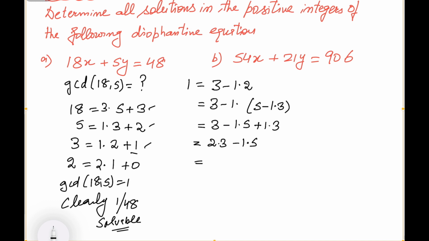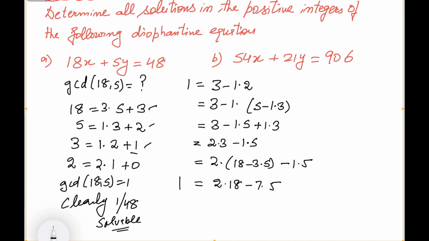Now putting the value of 3 from the first equation, we get 18 minus 3 into 5 minus 1 into 5, which is further 2 into 18, minus 6 minus 1, minus 7 into 5. So this is 1 is equal to 2 into 18 minus 7 into 5.